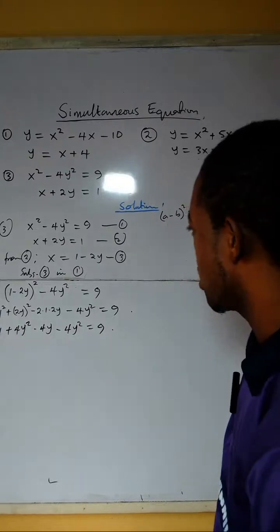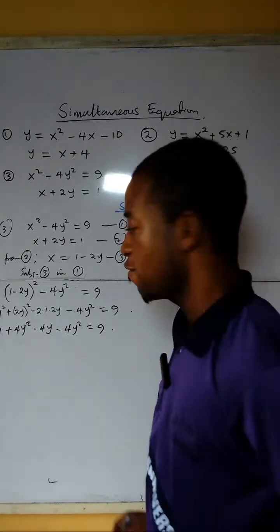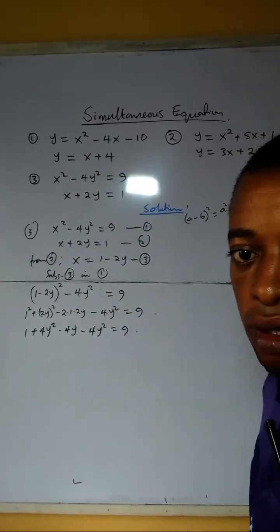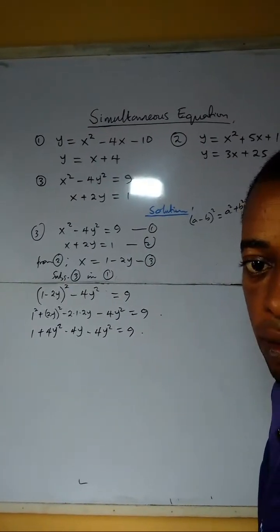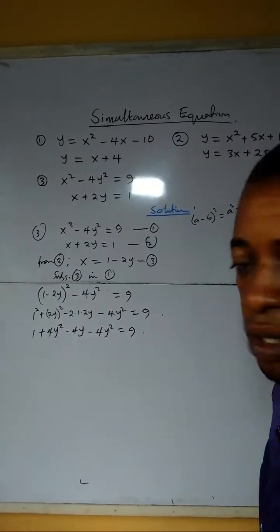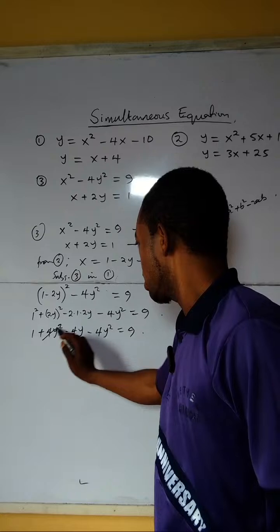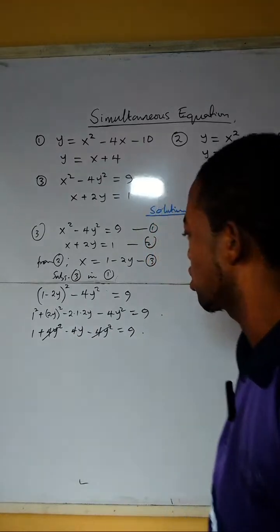On the left hand side here, 4y squared minus 4y squared cancel each other.